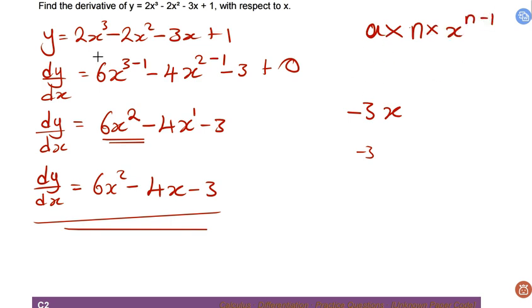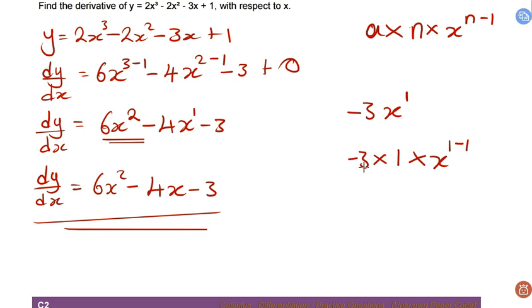Our a in that case is negative 3. So here you just say negative 3 multiplied by what is our power. So here if it is like this, which simply means that our power is 1 there. So you are going to have 1 multiplied by our x, and then this same power must be reduced by 1 according to the rule.